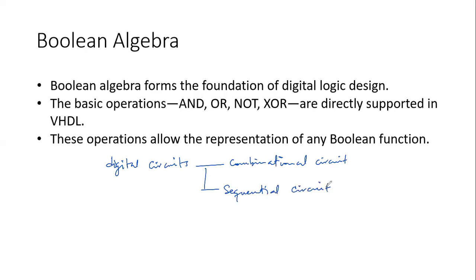Now, for the combinational circuit, we know they are memoryless, more like the NOT gate we just played with. Whatsoever we feed into it is what we get in real time. The present output is a function of the present input. All of the gates, including your AND gate, fall under this combinational circuit model. And now for the sequential circuits, they have memory.